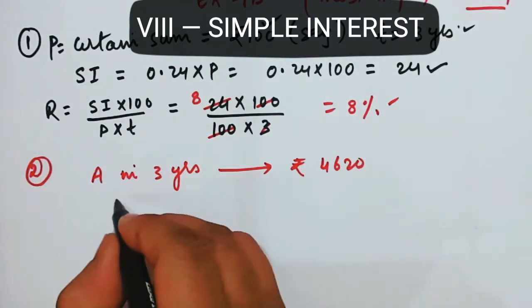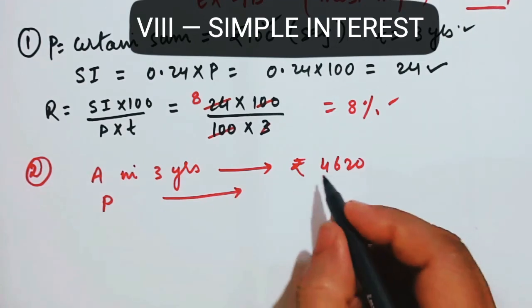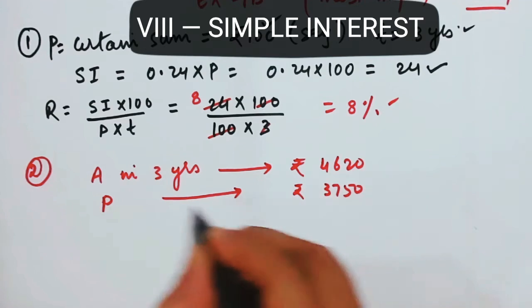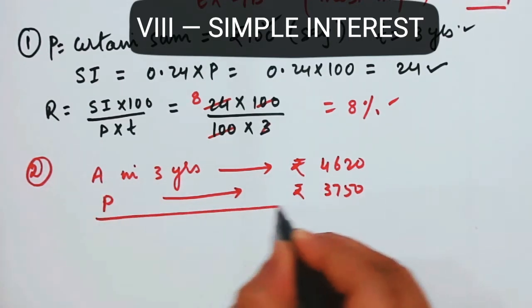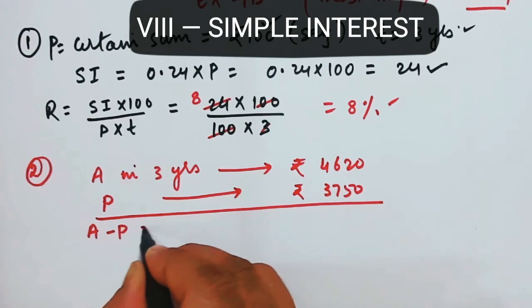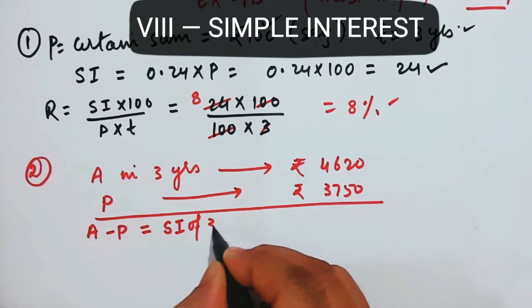And what was the principal? The principal was rupees 3750. So when you subtract the principal from the amount, what will you get? You will get simple interest of 3 years.